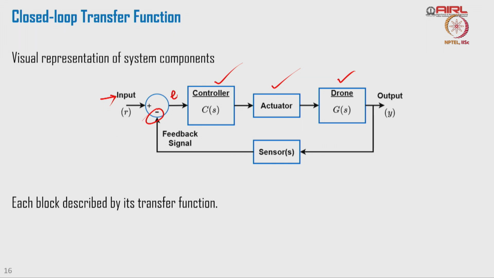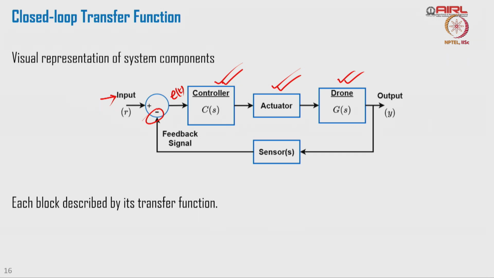Then this particular signal becomes the error between this input and the sensed output. If there is some error, then controller will work accordingly. It will tell the actuator to take this action, then accordingly the drone action will be taken. Actuator will work in that fashion, so that we get a desired performance from drone.